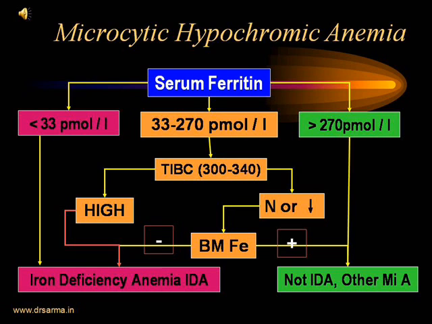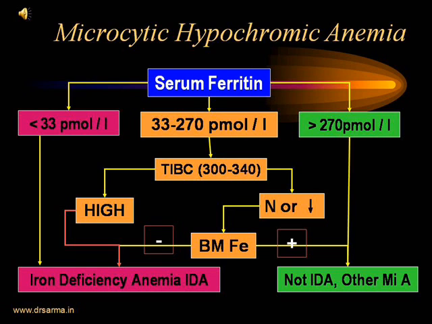Supposing the serum ferritin level is 33 to 270 picomoles per liter, then we have to do another test called total iron binding capacity, also called TIBC. The normal TIBC value is 300 to 340.